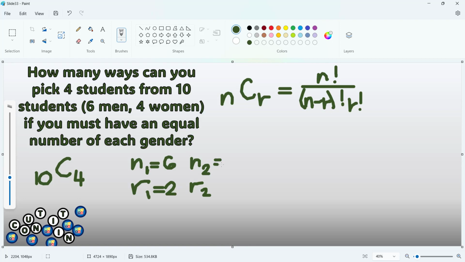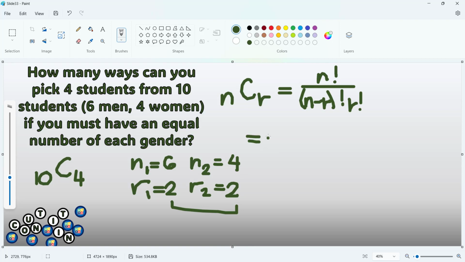For our n sub 2 for the women, the second specified gender here, we have the original 4 and we will be taking 2 at a time. Take note that we have the same number of each gender that will be taken from 10, because that's what is specified here. In short, you're going to do it like this.